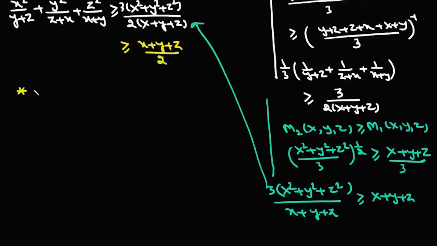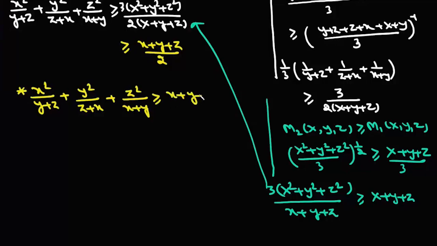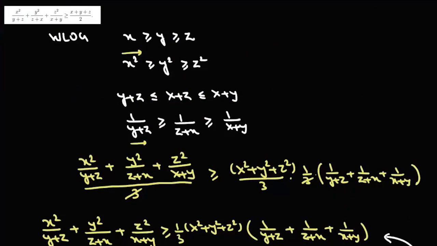And therefore we can write x² upon (y + z) plus y² upon (z + x) plus z² upon (x + y) is greater than or equal to (x + y + z) whole divided by 2, which is what we need to prove in this question.